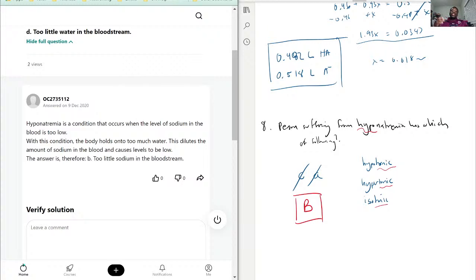It's a condition set up by too little sodium, and because of that, the bloodstream is very diluted, kind of like hypotonic, where the solution is less concentrated. And because there's less concentration, the water is a lot more watery, or just not as viscous or thick, which you don't want your blood to be either. Pretty much it'll be too thin.